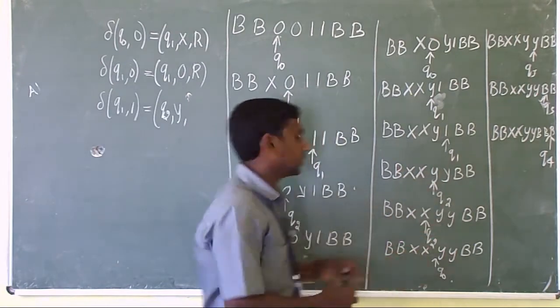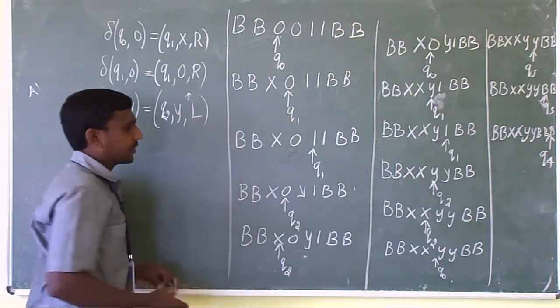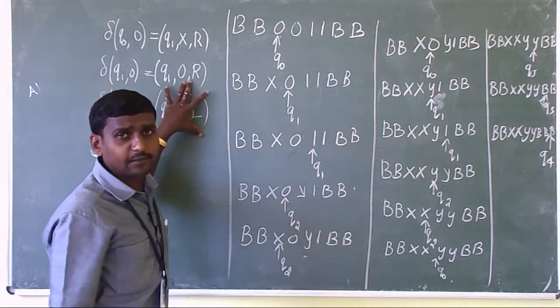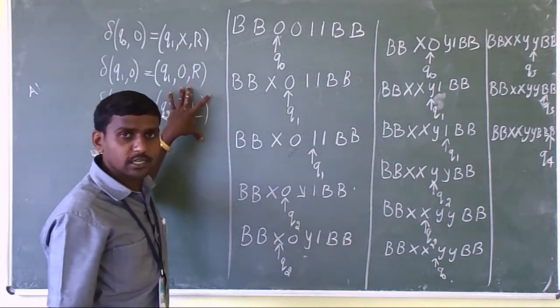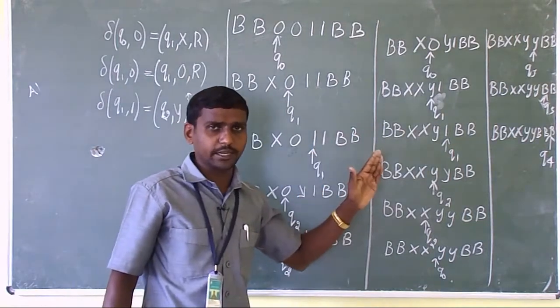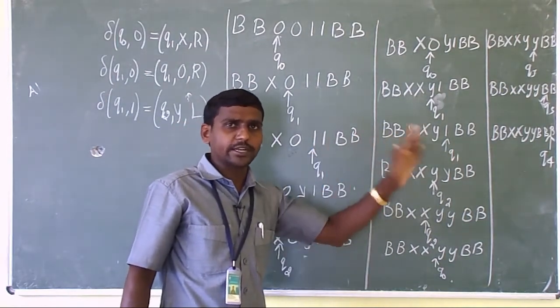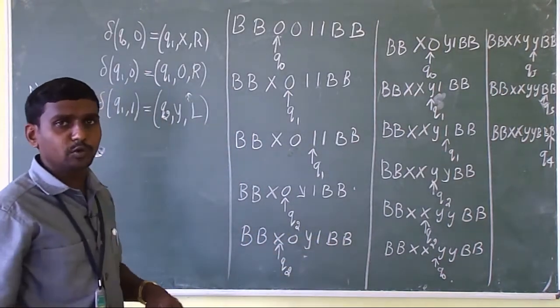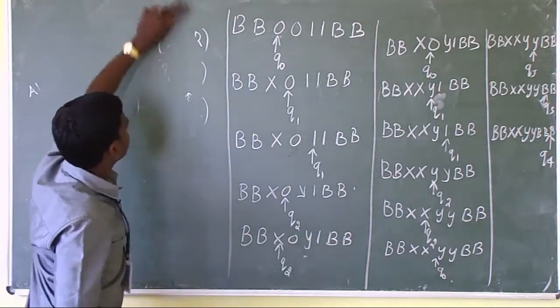So we can write all the delta functions. As I told you, this is very important, because based on these delta functions only the machine moves, the control moves, whether to the right side or the left side. Clear? Okay. Now I will tell you about the transition table.